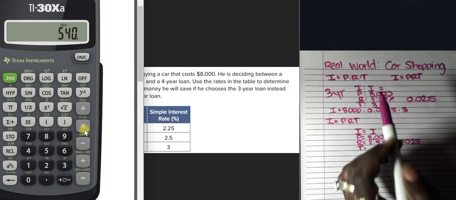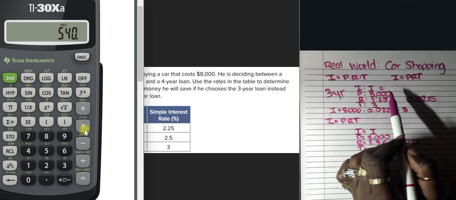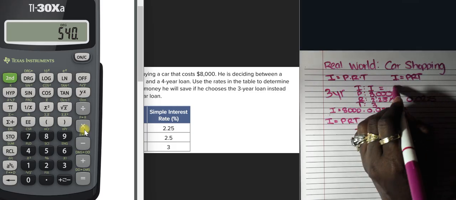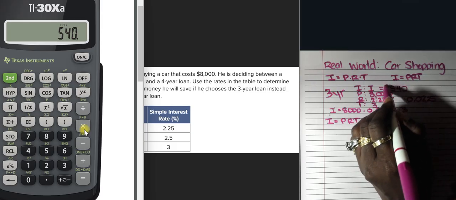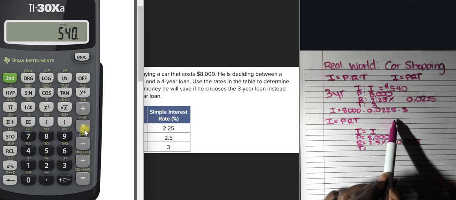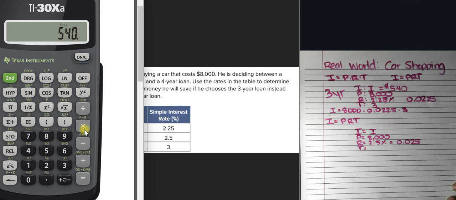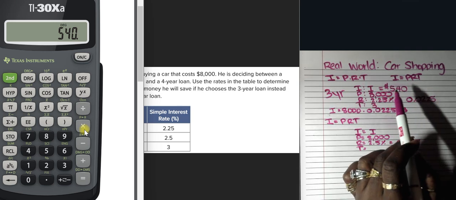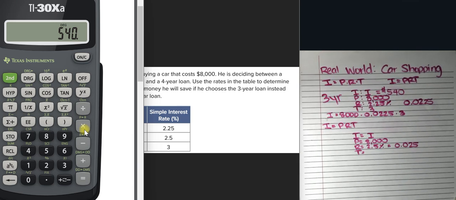All right, see how that made a difference, because now his interest, we had 600 initially, it's now 540. So this is why it's so important for us to understand what we're doing, and then being able to catch a mistake if you make it. That really helps so that you don't have to worry about paying extra interest. In this case, you would have paid $60 more.